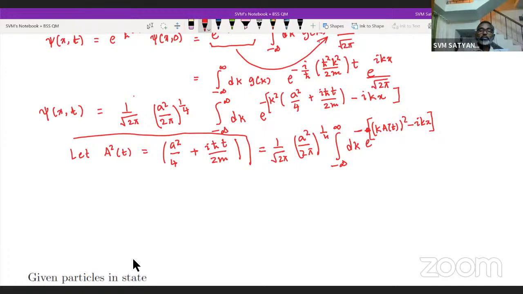Okay, so again we can do the same thing. We have to complete the squares. So completing the squares, what do we do?